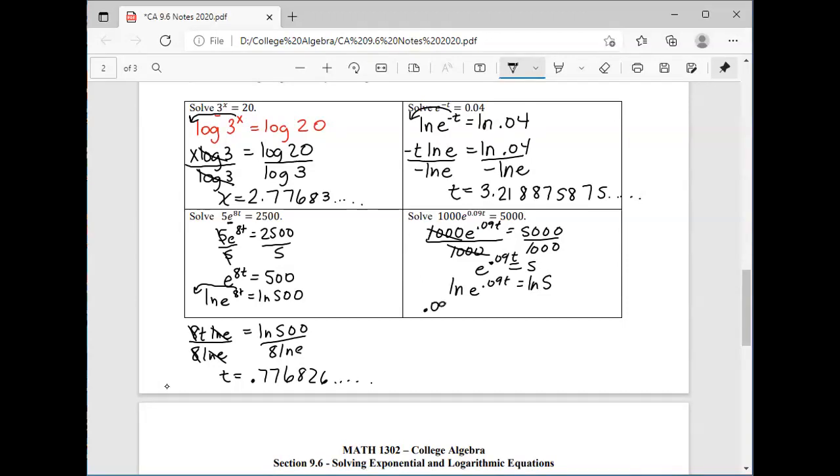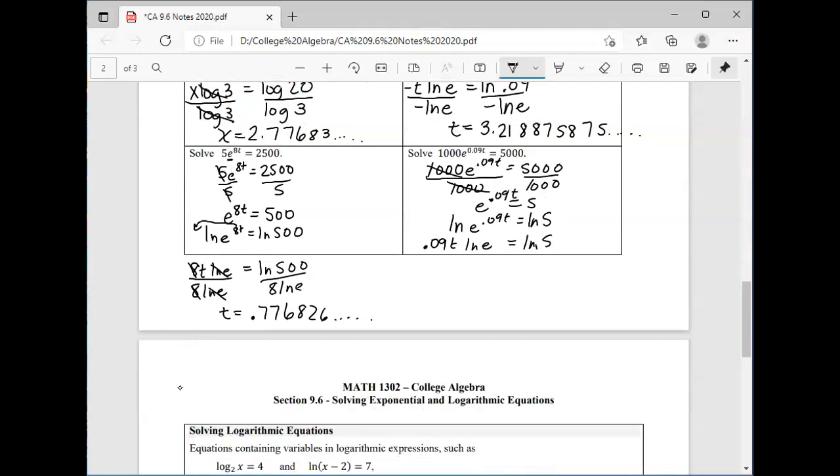I'm going to move my 0.09t down in front. The natural log of E is just 1, but I'm going to divide by 0.09 because all I want left on this side is the t. So that means I need to do the same thing on the right side.